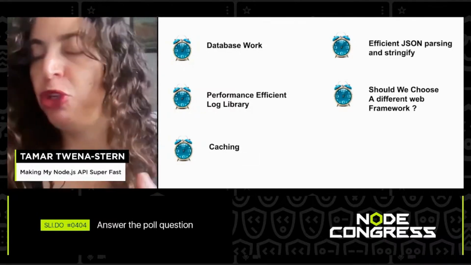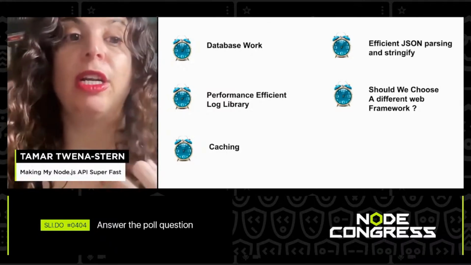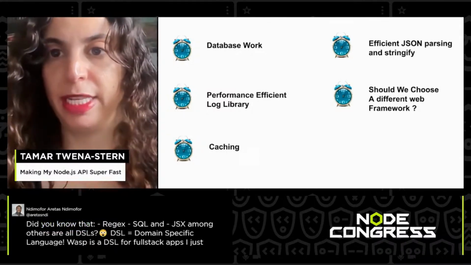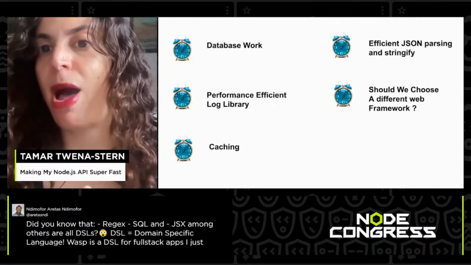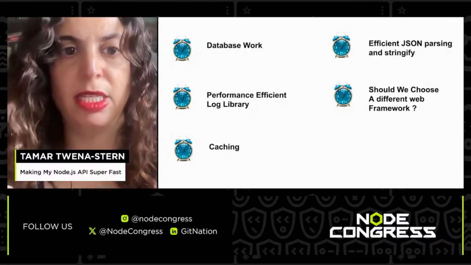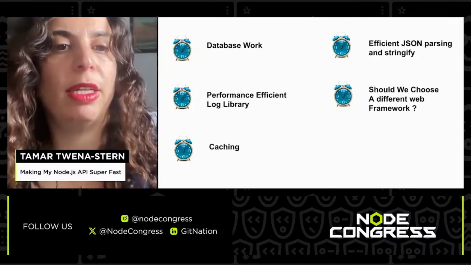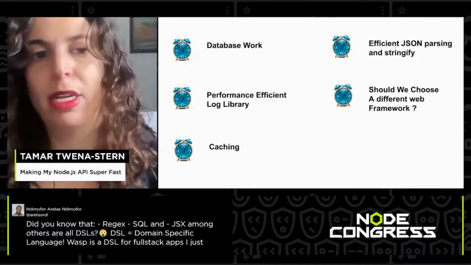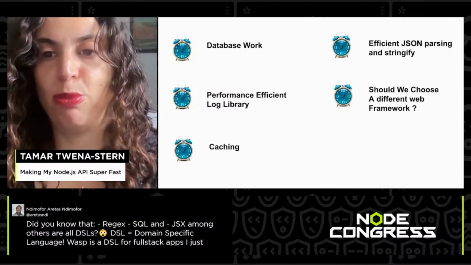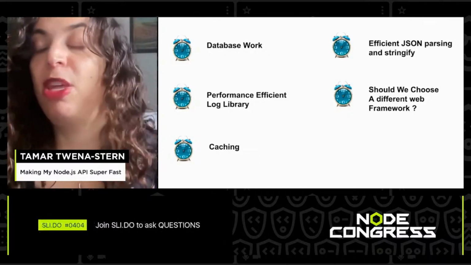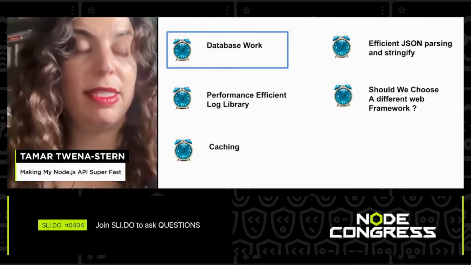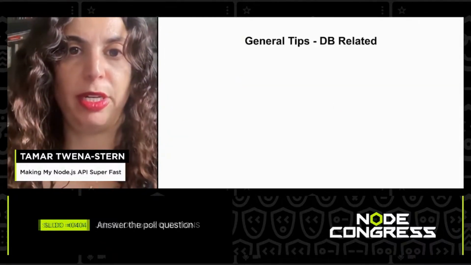We're going to look at the database, the serialization and deserialization of your JSONs, and logging. It looks trivial, but it can impact your performance. We'll also look at the web framework that you choose, and caching. All right, so let's start with database work.